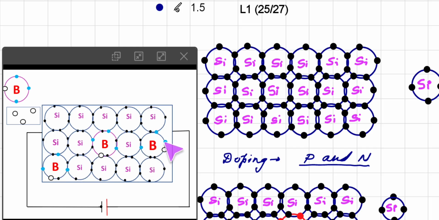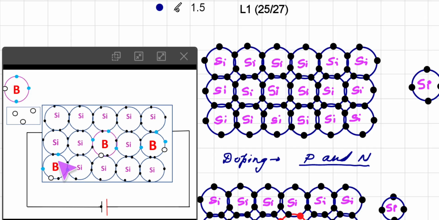Now note that the valency of boron is 3, that means there are only 3 electrons in the outer shell of the boron as shown here. Remember in our original silicon there are 4 electrons in the outer shell, and in case of boron there are only 3.